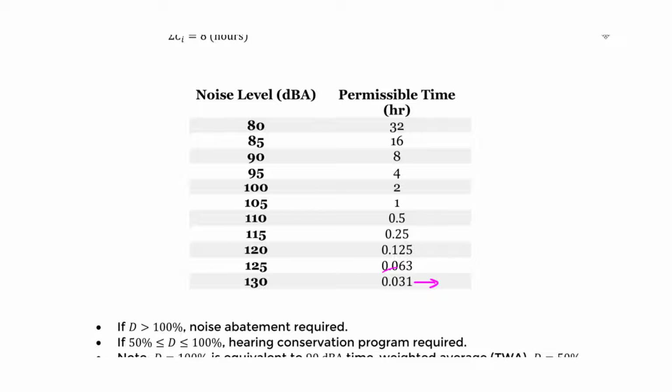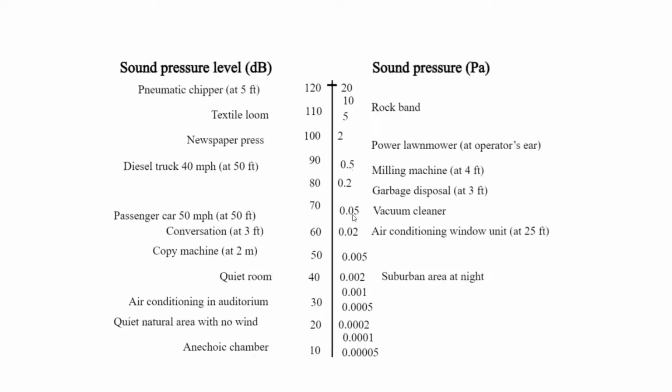Times 60, you get 1.86 minutes. So if a worker in the factory is exposed to this noise level, they're only allowed a permitted time of 1.86 minutes. Anything after that, permanent hearing loss can occur. That's how we will answer that question using that table.